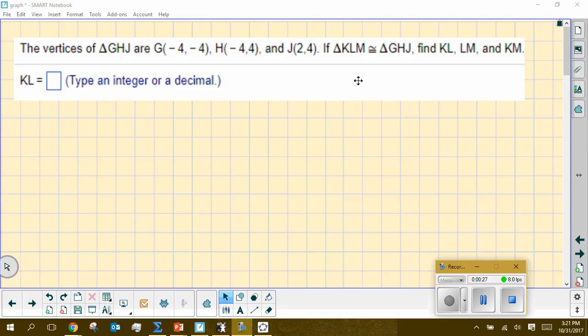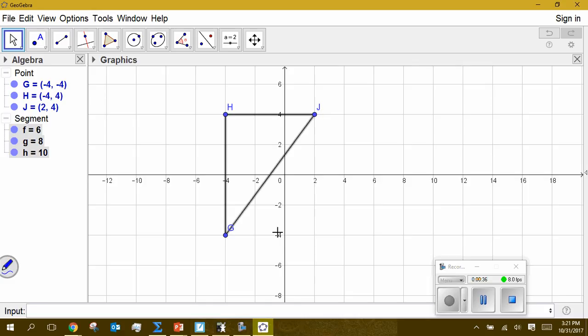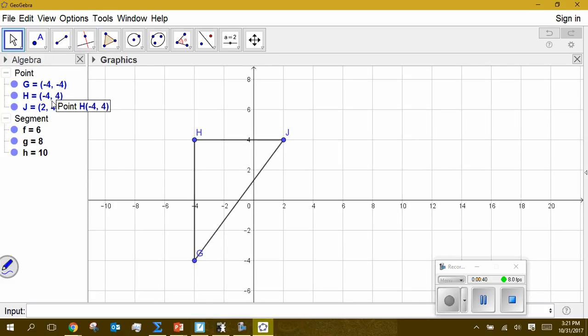What you need to know here is that when they start talking about ordered pairs, we're talking about the coordinate plane. I put these points in here. What's nice is that some of these points provide a horizontal and vertical line, so finding those lengths is going to be pretty easy.